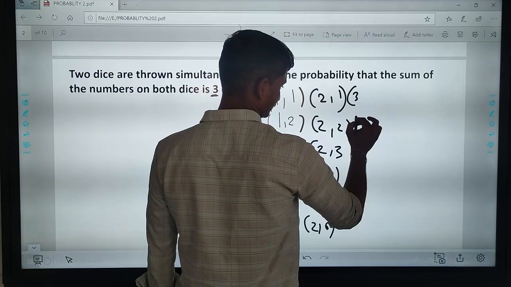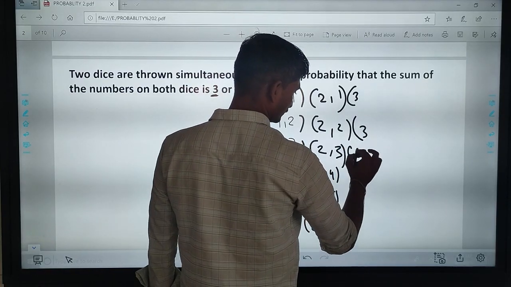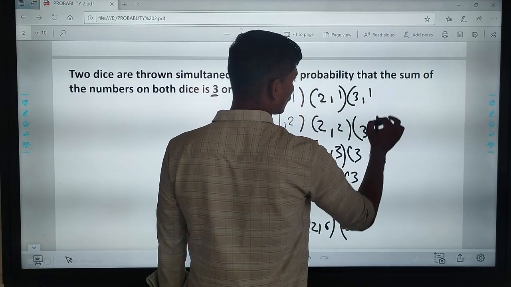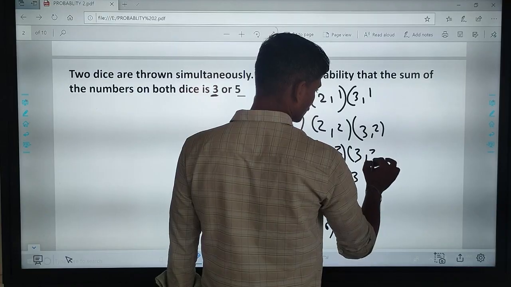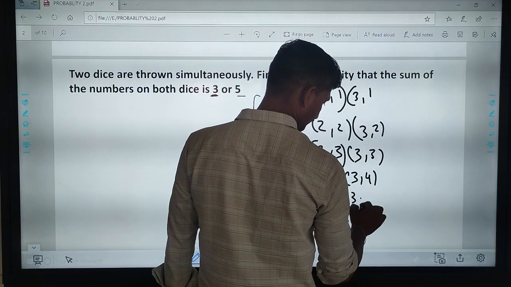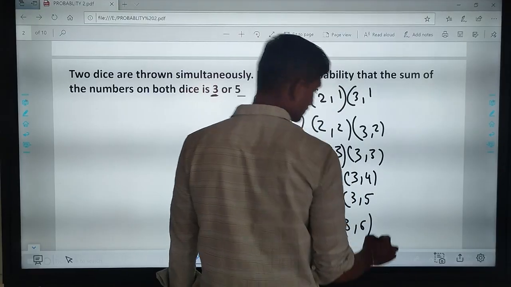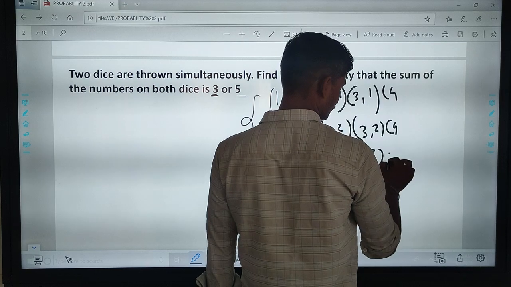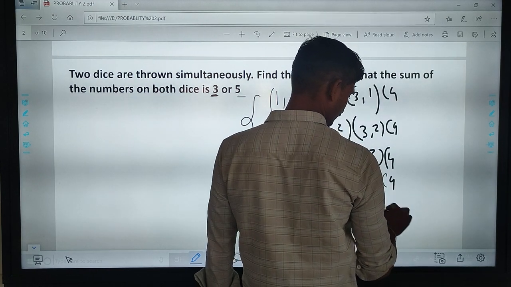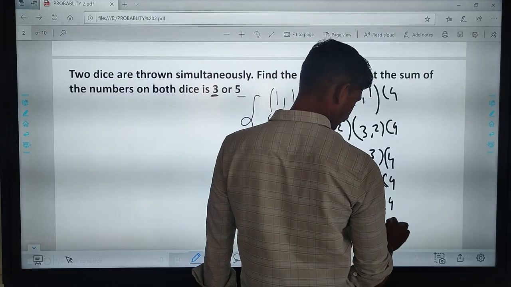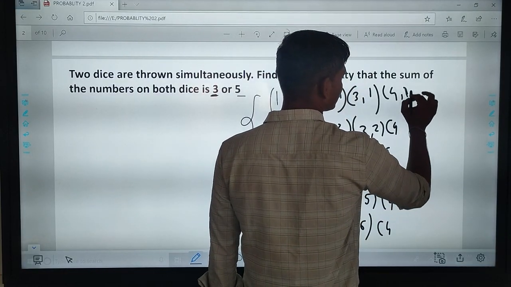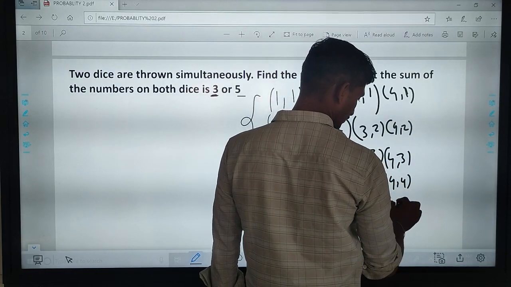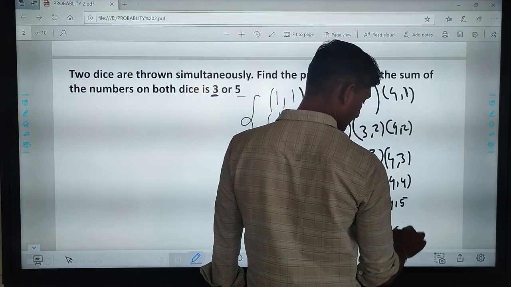Then 3: 3,1 up to 3,6. Then 4: 4,1, 4,2, 4,3, 4,4, 4,5, 4,6.